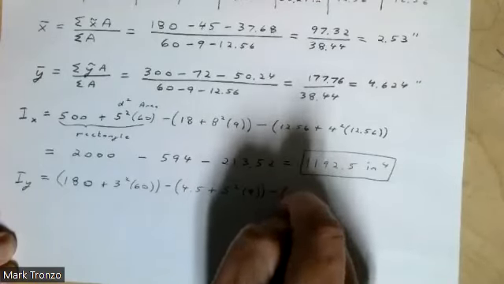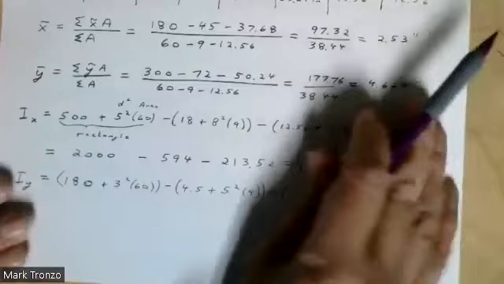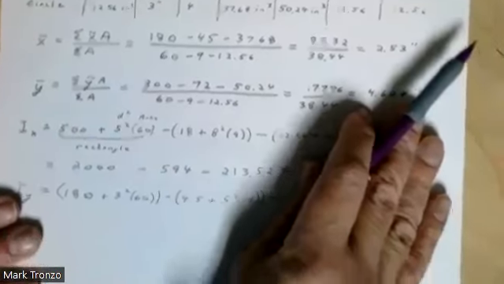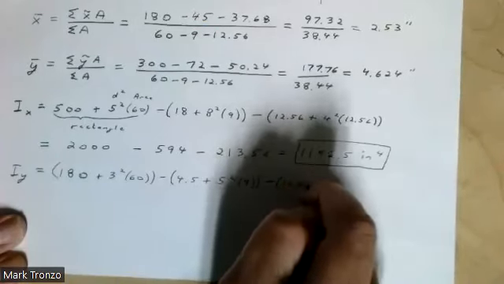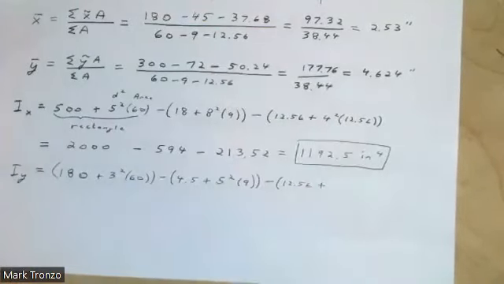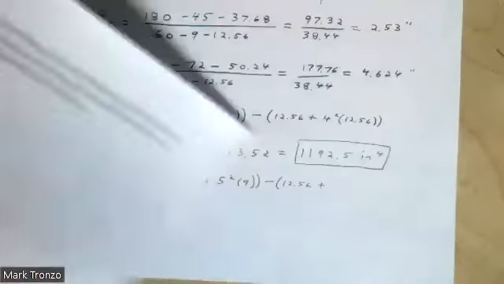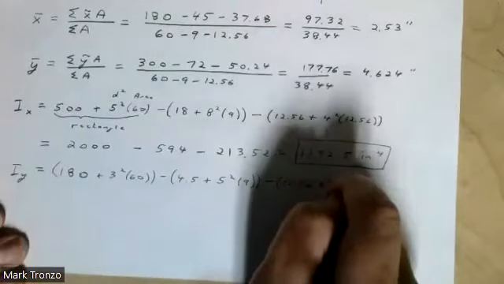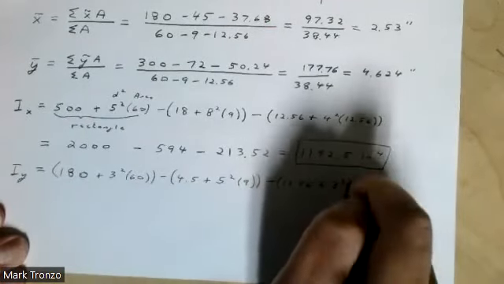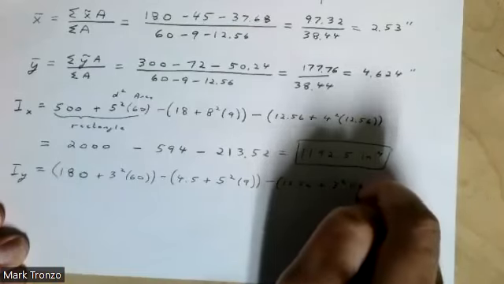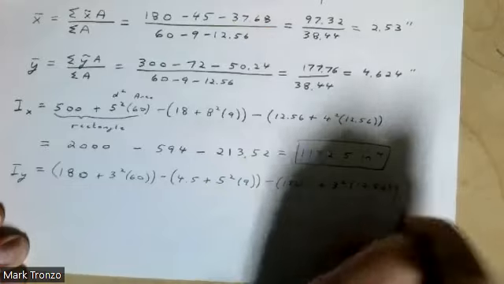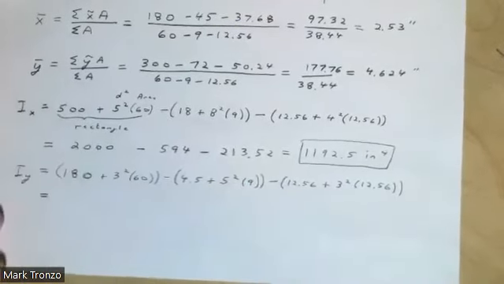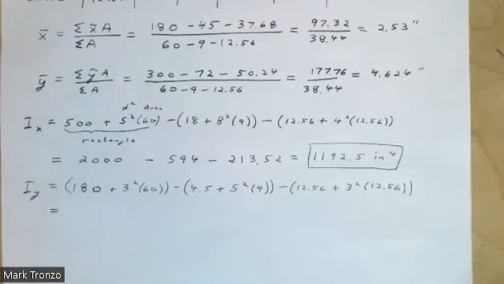And finally, the circle, moment of inertia for the circle was 12.56. And the distance of the centroid of the circle from here was 3 inches. Then times the area of the circle. And let's put all this in our calculator.